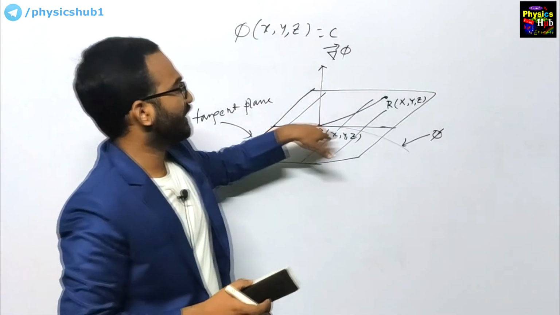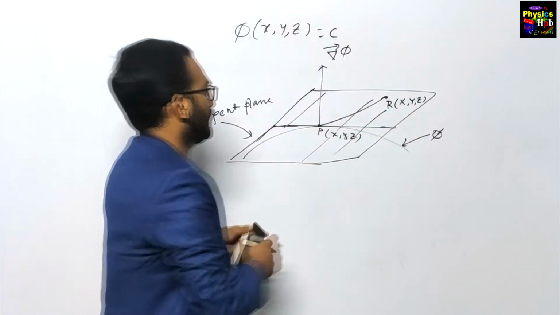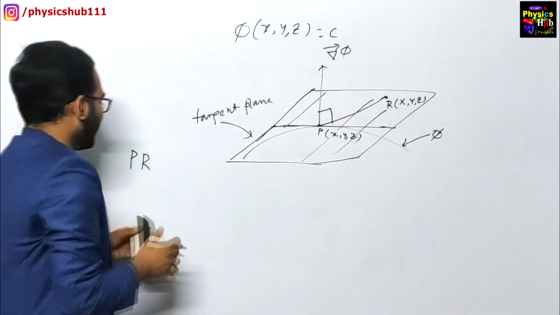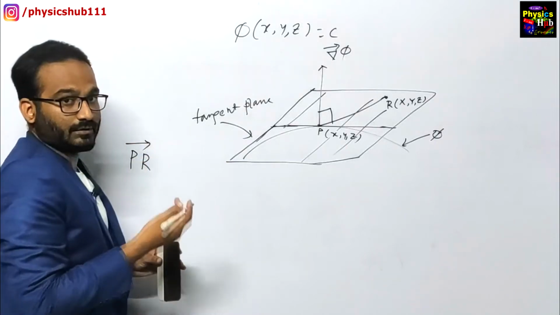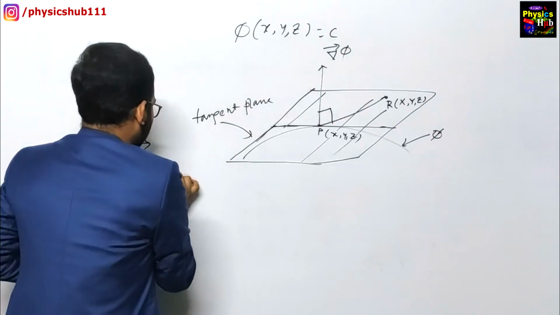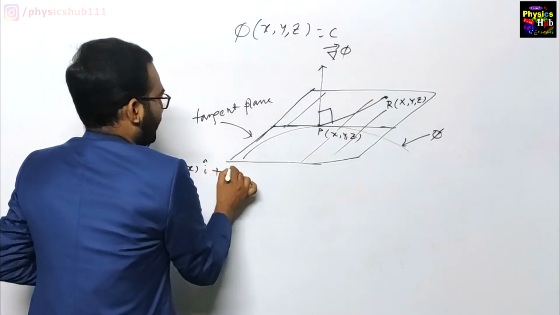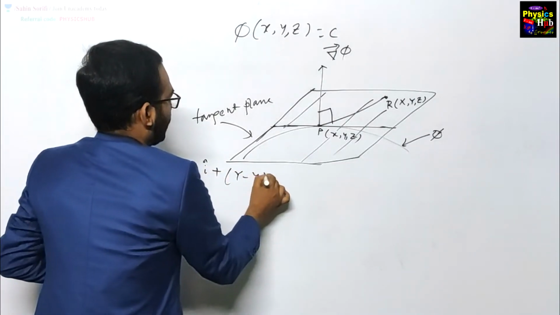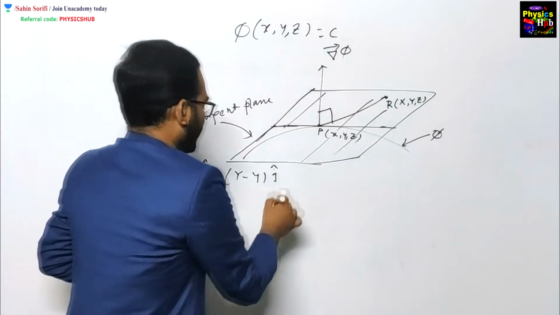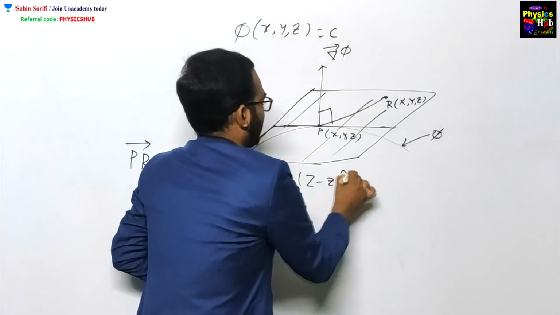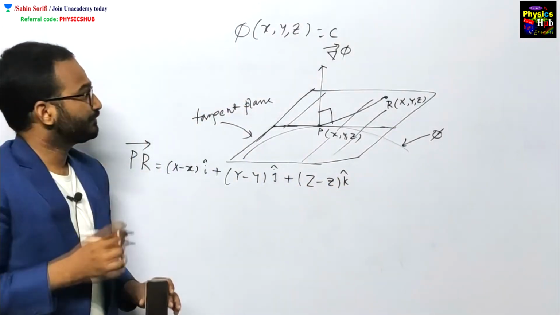It means this line PR is making an angle of 90 degrees to this grad phi. So if we write the vector PR, we can write (X minus x) i cap plus (capital Y minus small y) j cap plus (capital Z minus small z) k cap. Fine.